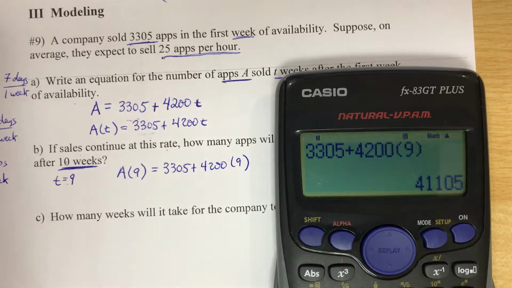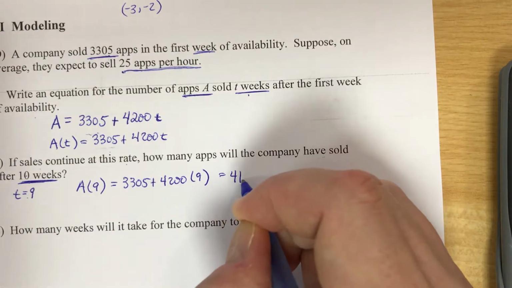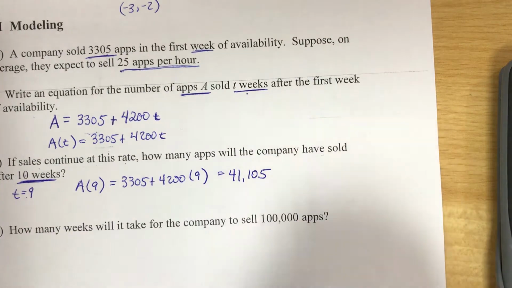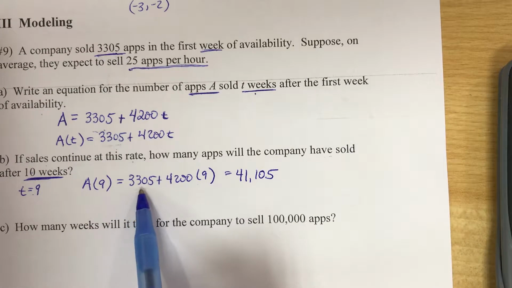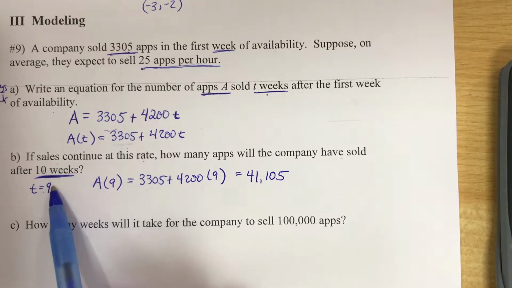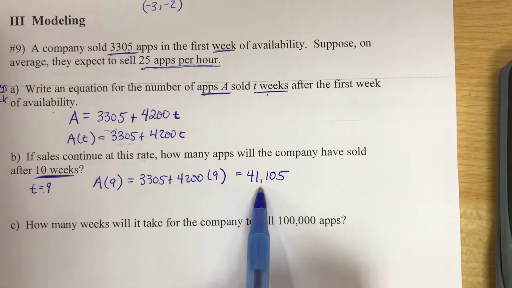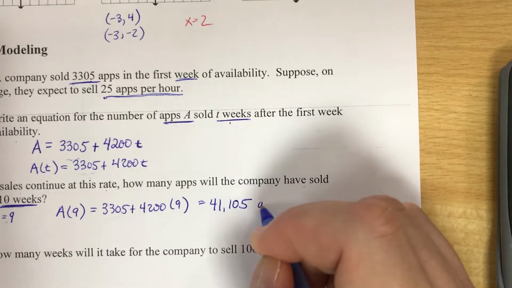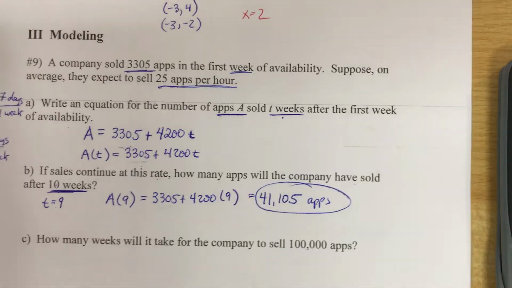So 41,105 apps. After the first week, we've sold this much, and so after 10 weeks, this is the first week, then it's 9 more. And so we have 41,105 apps. The company's doing well.